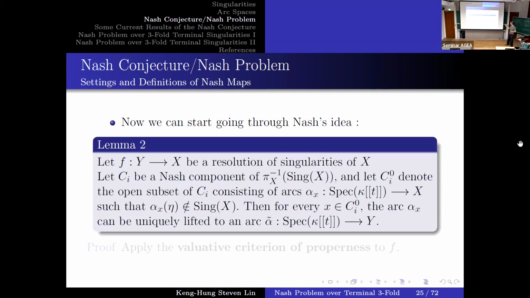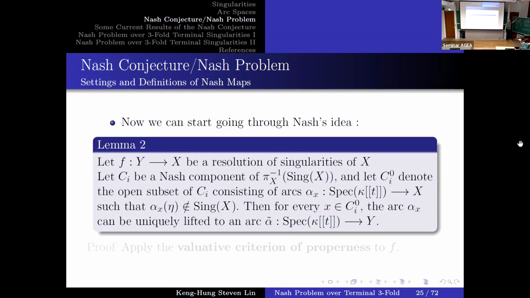Then this arc can be uniquely linked to the resolution. So the picture is something like this. Right now we have X, a singular variety. We apply a resolution f, so it goes to Y.